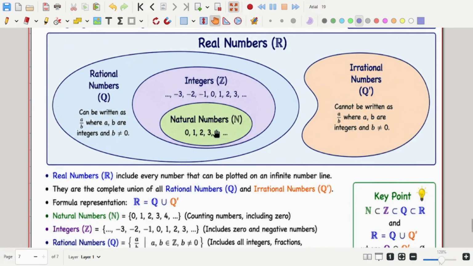Natural numbers, 0, 1, 2, 3, 4, are a subset of integers from minus infinity, -3, -2, -1, 0, 1, 2, 3 to plus infinity. Integers are a subset of rational numbers, and real numbers are the union of rational numbers and irrational numbers.